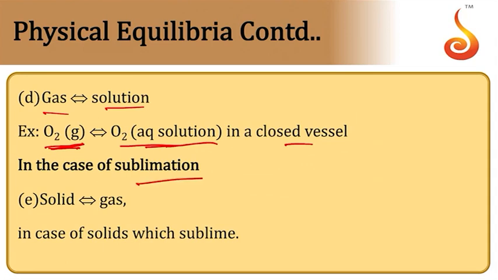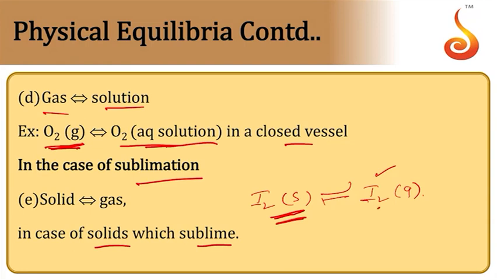And finally, in the case of sublimation, for example, when you take solid iodine becoming gaseous iodine, in the case of solids which sublime, the rate of sublimation of iodine must be equal to the rate of formation of iodine from gaseous iodine. That can be taken as physical equilibria.